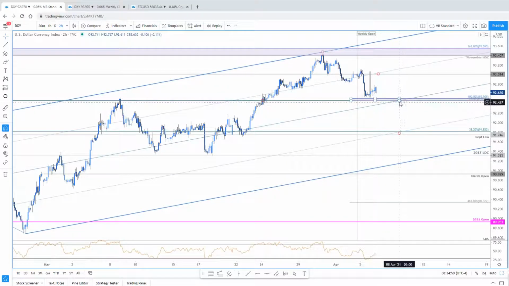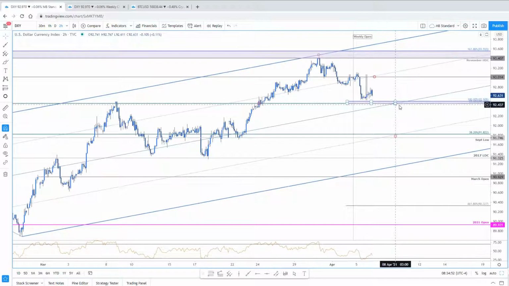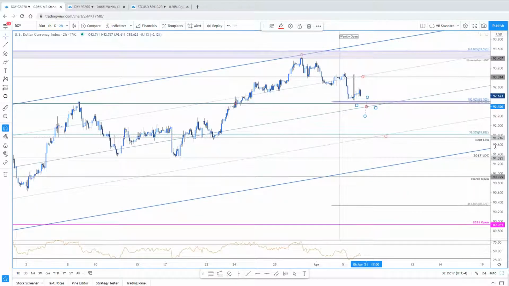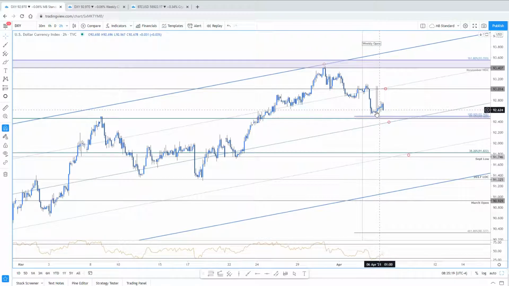So basically this zone right here, maybe a little bit deeper into 92.40 or so, but that's where I'm looking for inflection. If it breaks, or if we make a weekly opening range here and then it breaks tomorrow, or even worse on Thursday, expect an accelerated drop. That would be the onset of a corrective move. But all focus right now is on this zone today in New York trade.